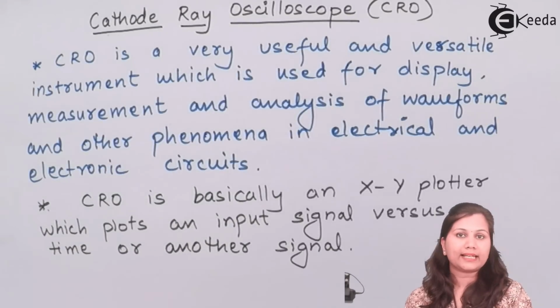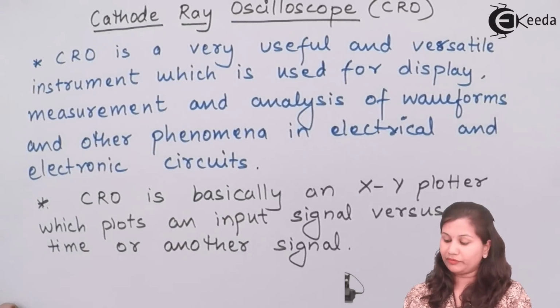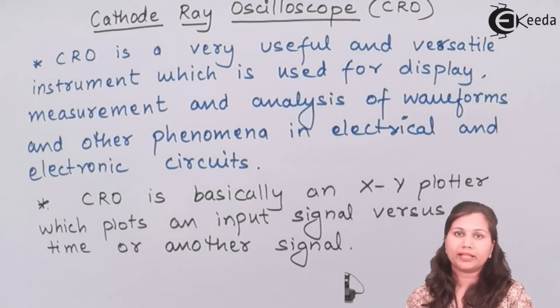Now as it is an XY plotter, we are going to use some pointer to plot that signal. In CRO, the pointer which is used to plot the signal, or the stylus, is a luminous spot.